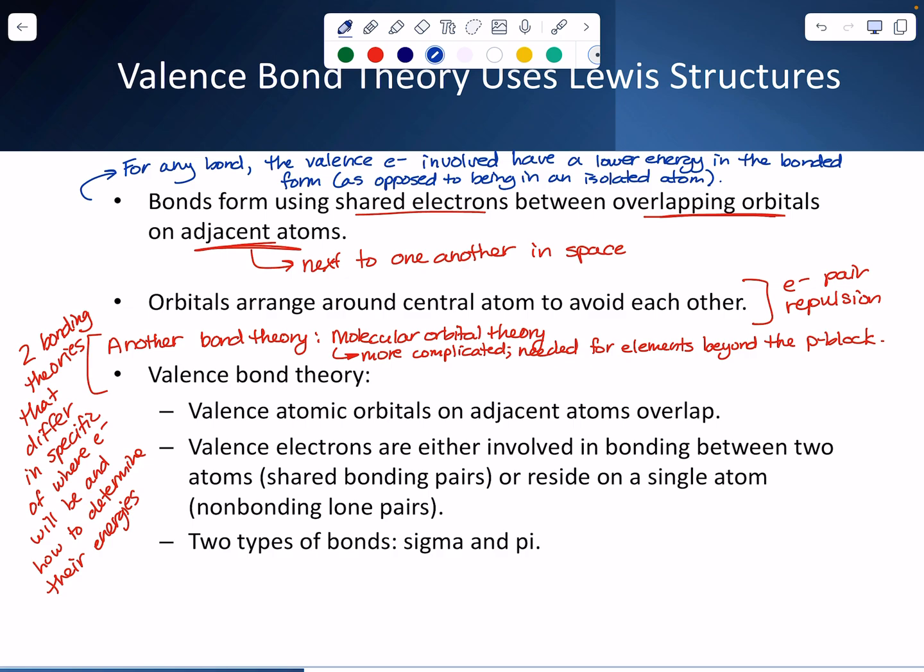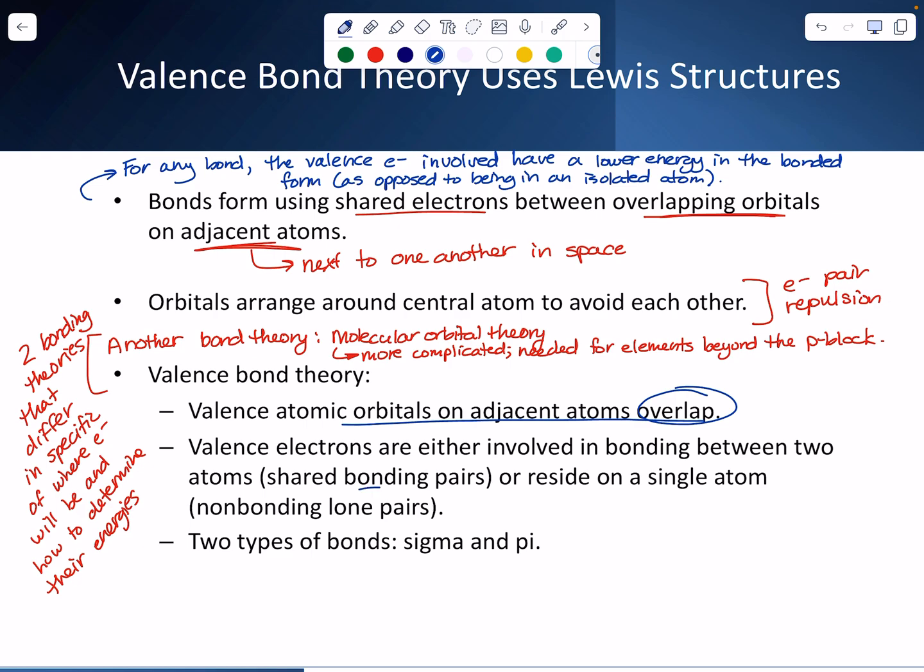So what does valence bond theory add to this? Well, the first thing is that our orbitals are going to overlap. So orbital overlap is a key feature. Second, your valence electrons are either going to be between two atoms, so they're going to be shared, or they're going to reside on a single atom, and that's our lone pairs.